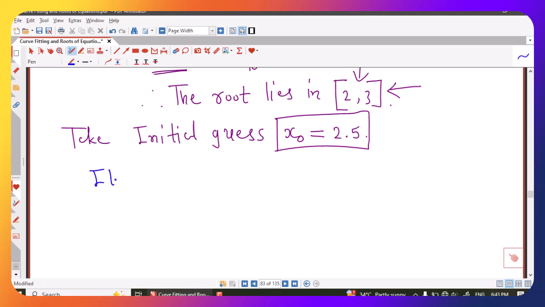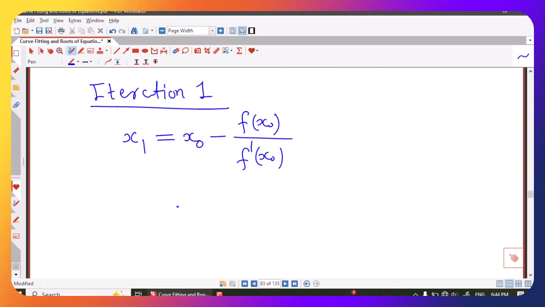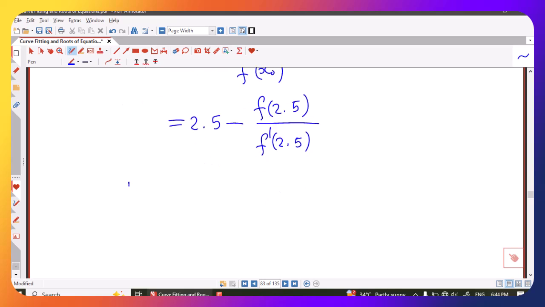So now we will first find the value of x1, and we call this iteration number 1 or first iteration, and we know that by Newton's formula x1 is given by x0 minus value of function at x0 divided by first derivative at x0. x0 is initial guess that we have taken as 2.5, and here we have f dash 2.5. So we will require value of function at 2.5 and value of first derivative at 2.5.